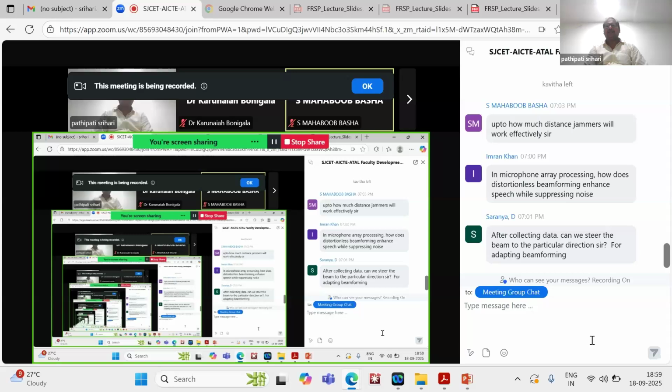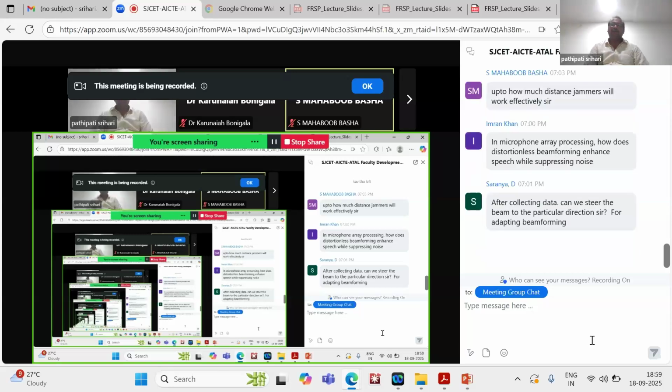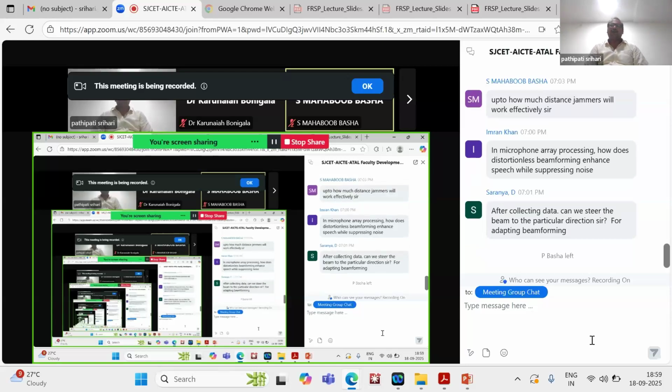No, no. Whatever direction it is coming from, only, because usually in radar, whatever the direction that is coming in receive, you will be able to form the beams, and receive beamforming is also there. You can look in that direction, but generally when you transmit, the beam steering concept is applied.